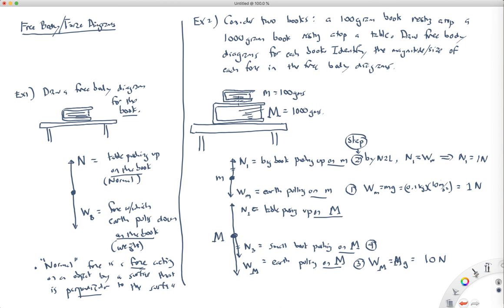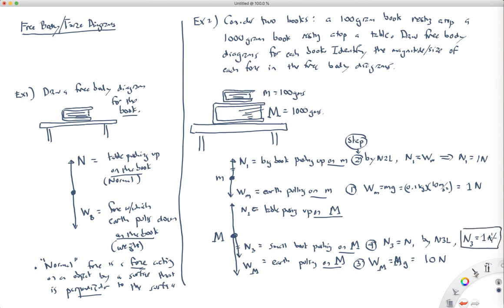Object 1 pushes on object 2 with a normal force. Object 2 pushes on object 1 with a normal force. Those two are equal and opposite forces. That is that N3 must be equal to N1 in size by Newton's third law. So that means that N3 has to be equal to 1 Newton. Okay, so we know N3 is 1 Newton.